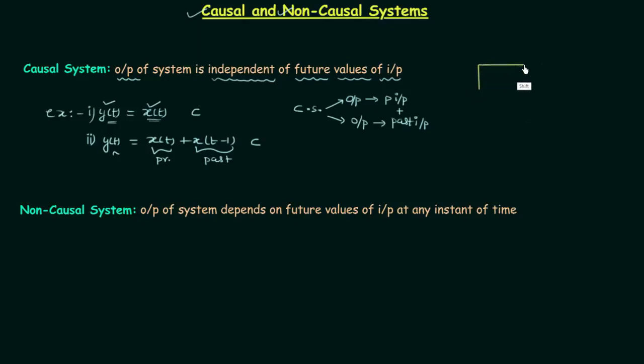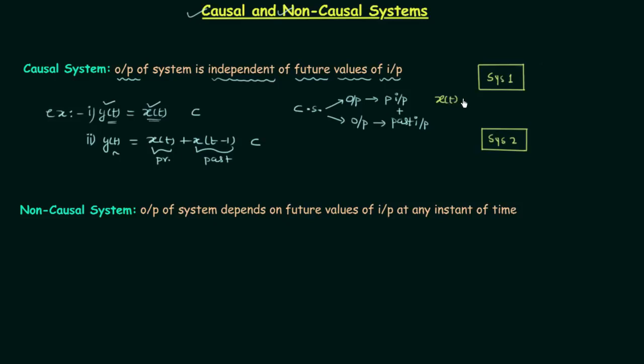In this example, let's take two different systems. The first system is system 1. This is the representation. And the second system is different from first system. I will explain what is the difference. I will call this system system 2. And in both the systems, the same input is given.